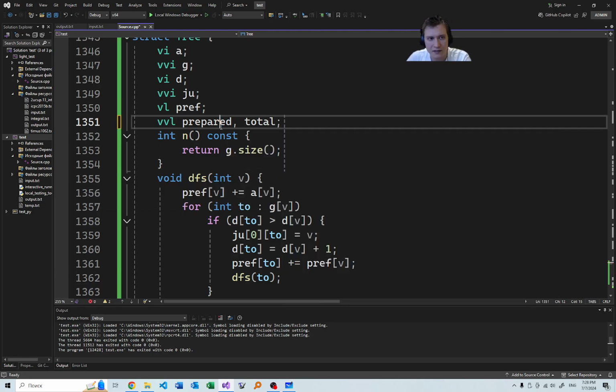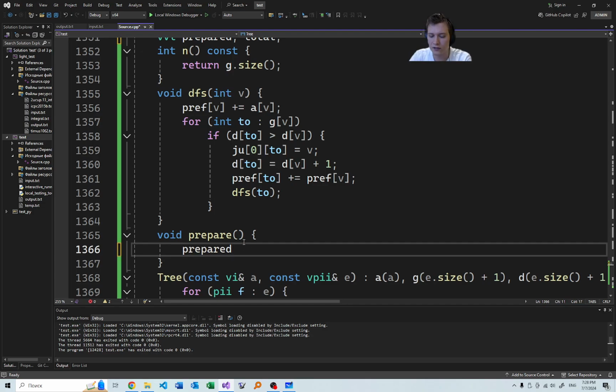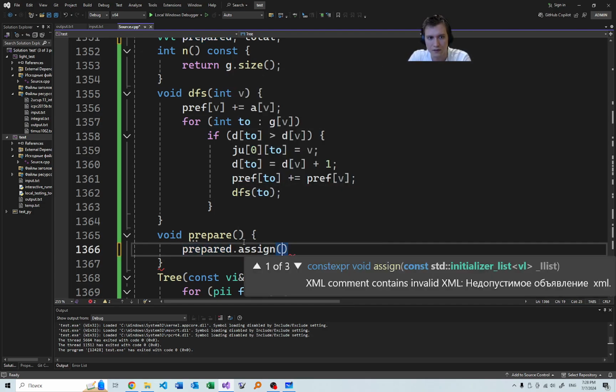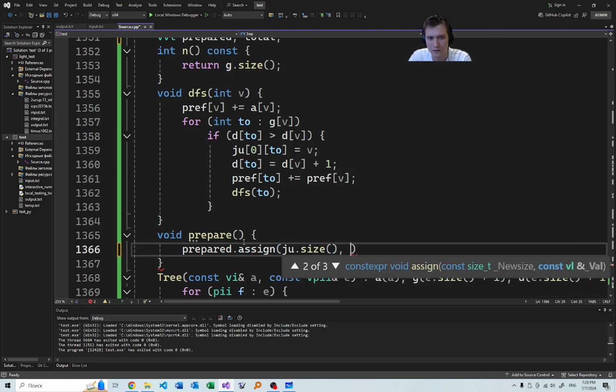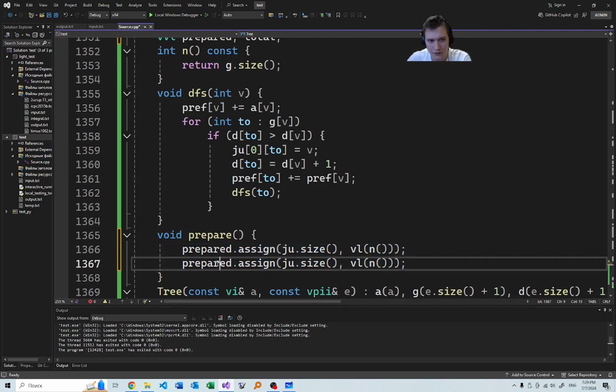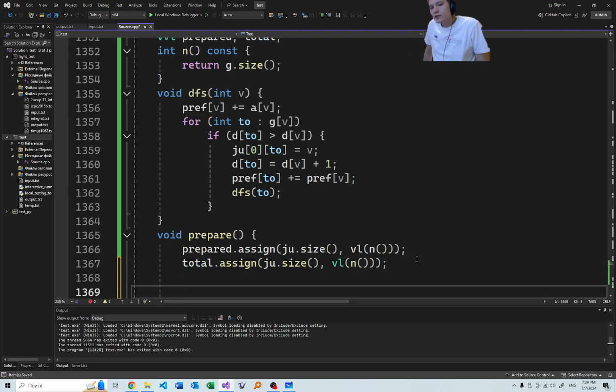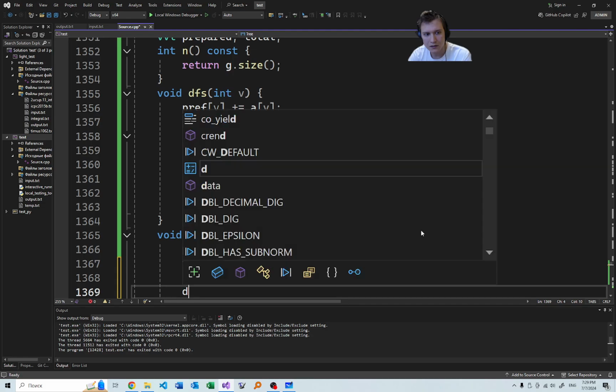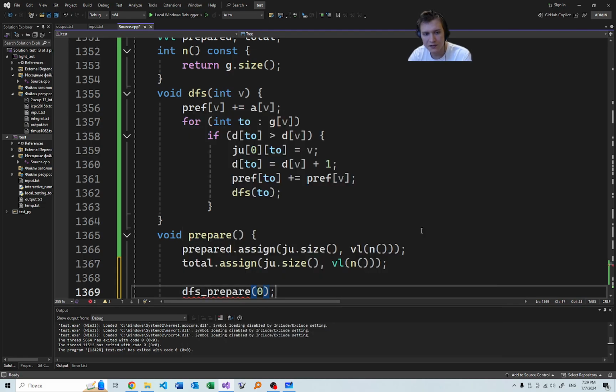We resize them in the same way as the array jump, and total. What do we do then? Then we want to write the prepare DFS function. DFS prepare 0.